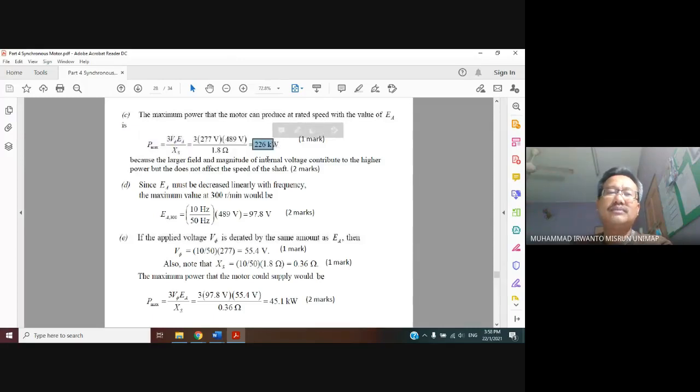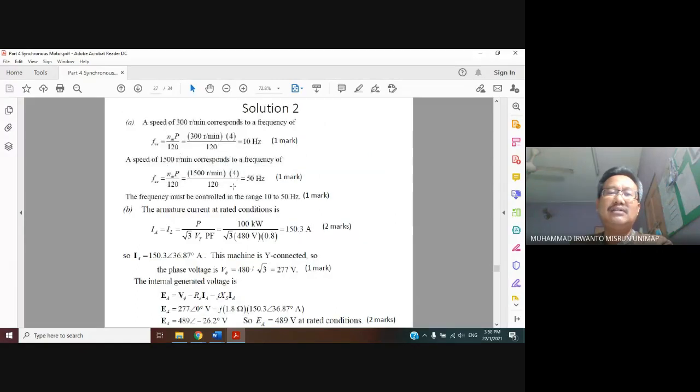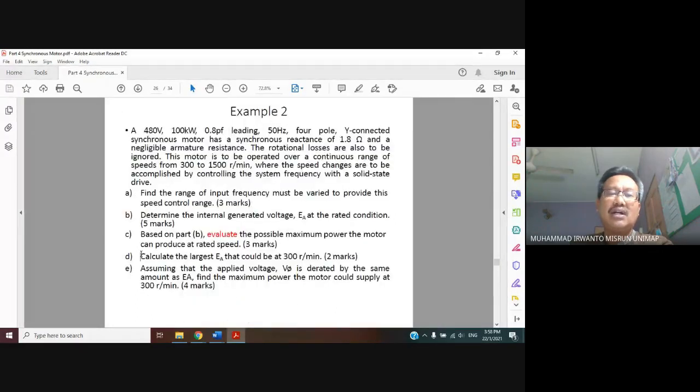Okay, and then for part D, calculate the largest EA that could be obtained at 300 RPM.